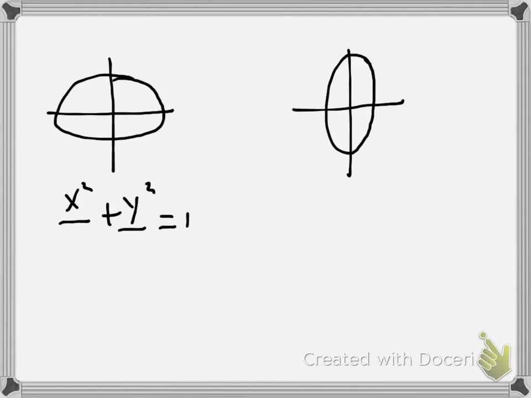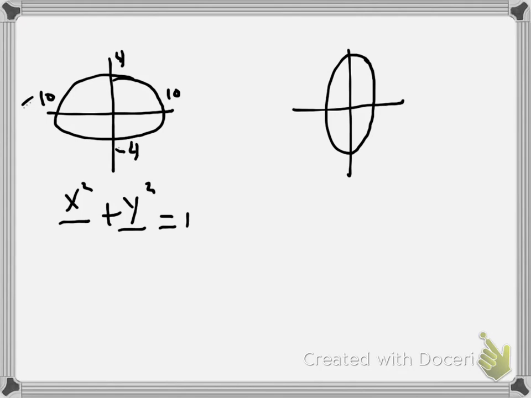Now I know that I'm going to have the larger number underneath your x. So let's say this thing is centered at the origin, and let's say it goes out to 10 this way and 10 this way. It's supposed to be a negative in front of it. And let's say it goes up to 4 and down to negative 4 right there.